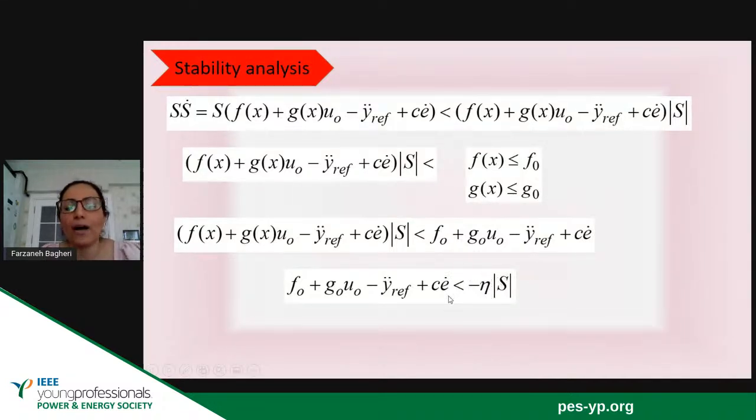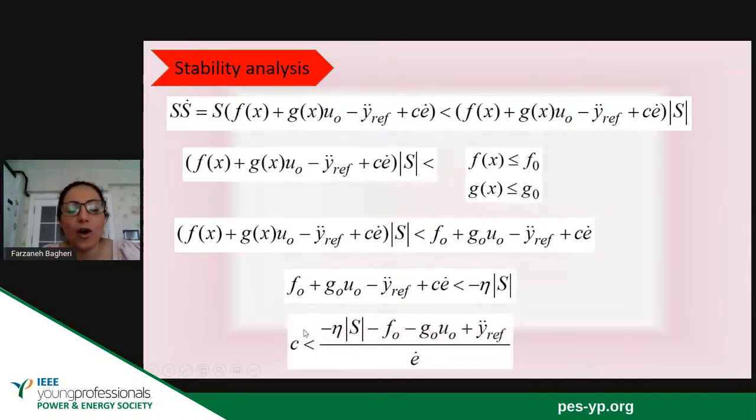So right now you have a simpler inequality, and you can find the limits of the coefficient of the sliding gain. When you solve this inequality and find the boundary for c, what is it telling you? It is telling you that if you want to select the constant of the sliding function, you should consider this inequality.